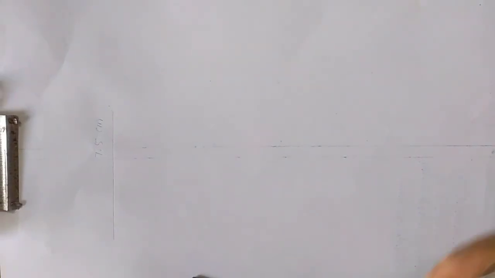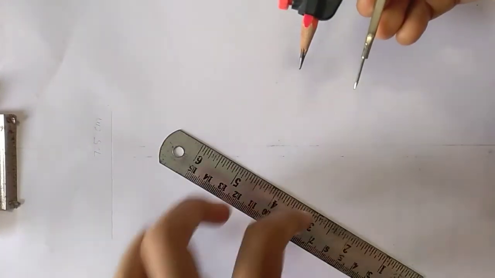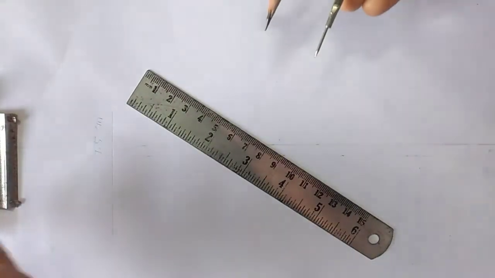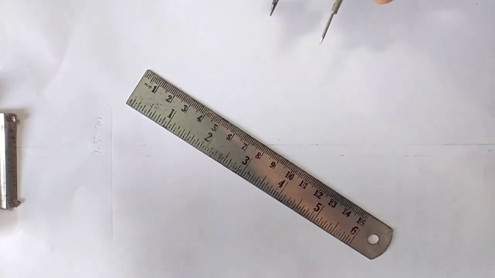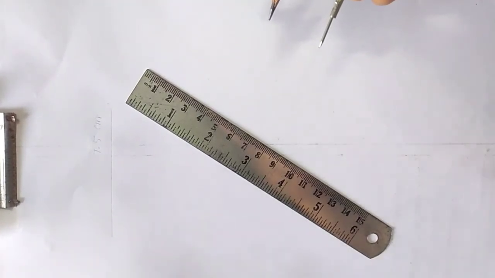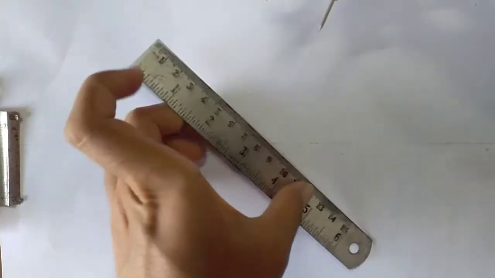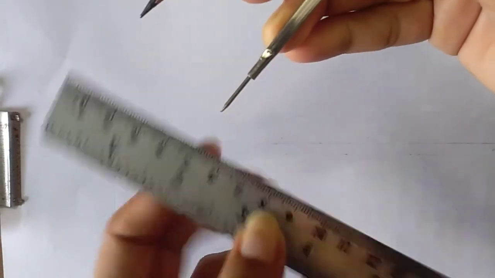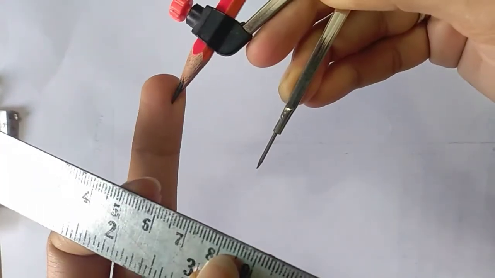After this, we need to decide what radius of circle I have to draw. Suppose I have to draw a circle with a radius of 5 centimeter, so I have to take a length of 5 centimeter between the point of the compass and the pencil.